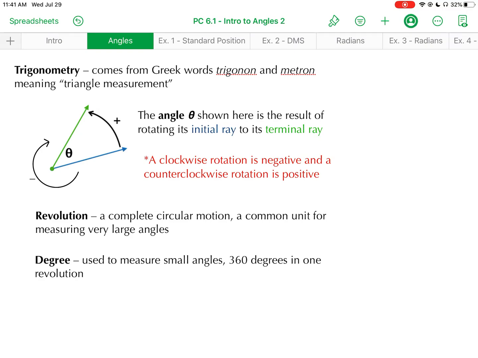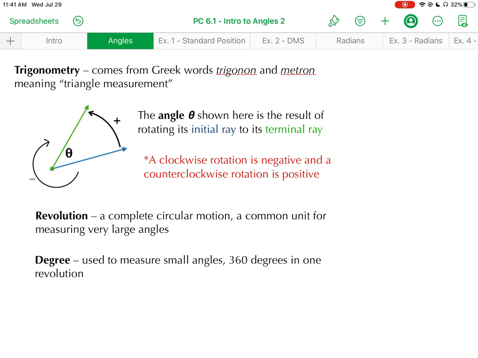Which direction you rotate that initial ray will determine whether the angle itself has a positive measure or a negative measure. A clockwise rotation would be a negative angle measure, and a counterclockwise rotation is a positive angle measure.